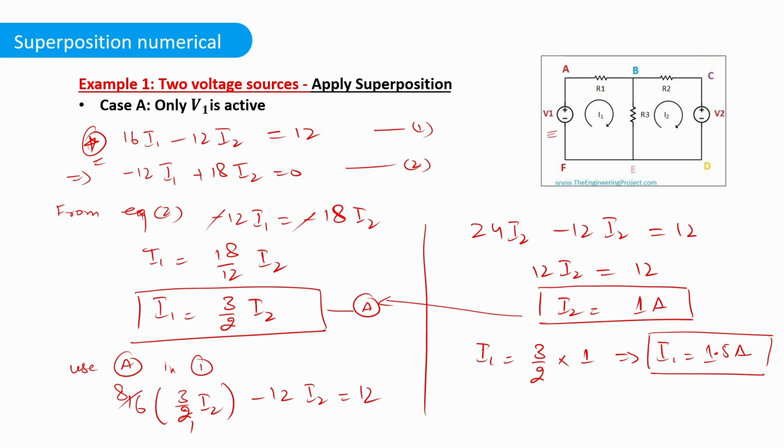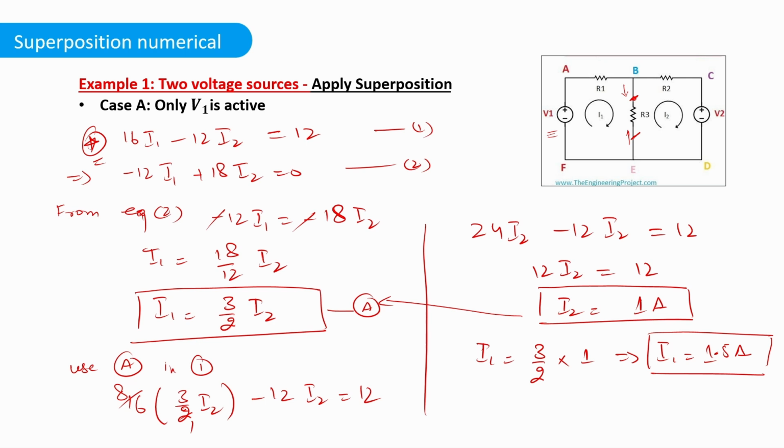Now, what is the load current for this first condition? So load current is across this one. We are assuming R3 as a load. So the load current is actually the subtraction of I1 minus I2, because we already discussed that I1 is entering from the top, I2 is entering from the bottom, if we follow this clockwise flow of current.